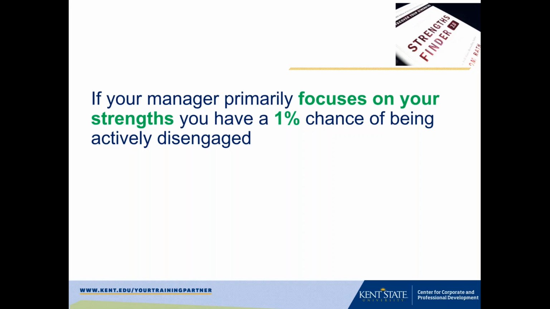So with all the information shared today on how to focus on strengths and how to get to know your strengths, if you're really trying to promote employee engagement and satisfaction and getting people to put in that extra effort, taking that initiative, if you focus on individual strengths and the employee knows it, they only have a 1% chance of being actively disengaged, which I think is a huge bit of information to take away as a leader in an organization.